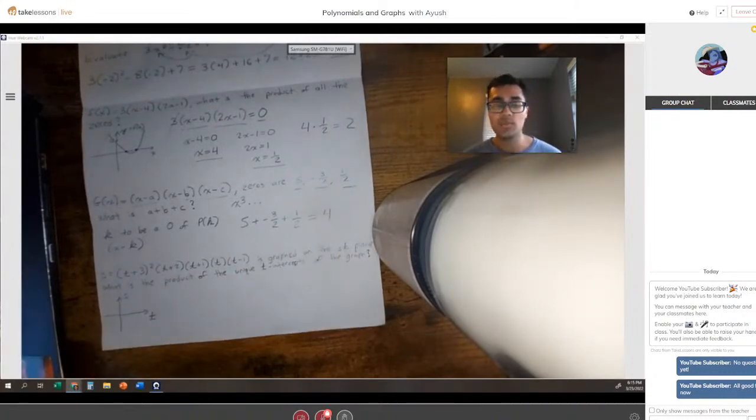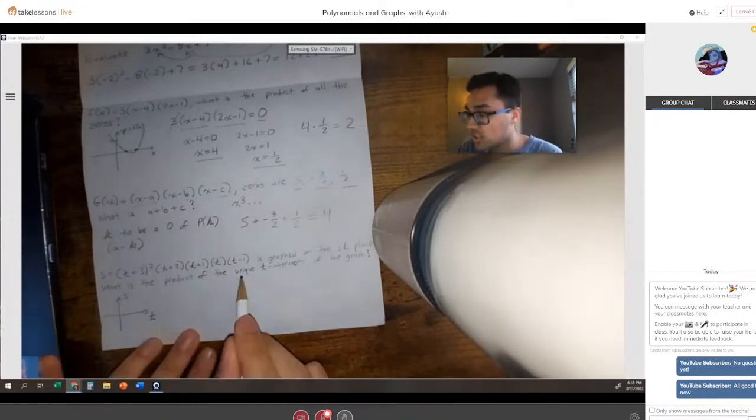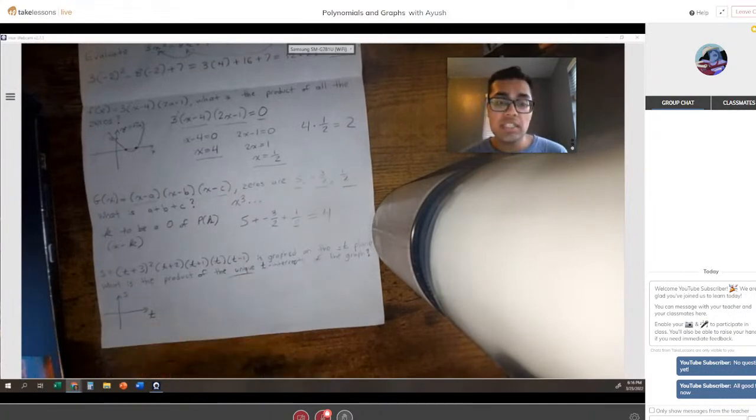So essentially, we've just replaced our typical XY plane, right? So we have values of X, which will be our values of T, and values of Y, which will be our values of S in this case, right? And this particular function is being graphed, right? So it's asking, what is the product of the unique, that's the key word here, t-intercepts of the graph, right?